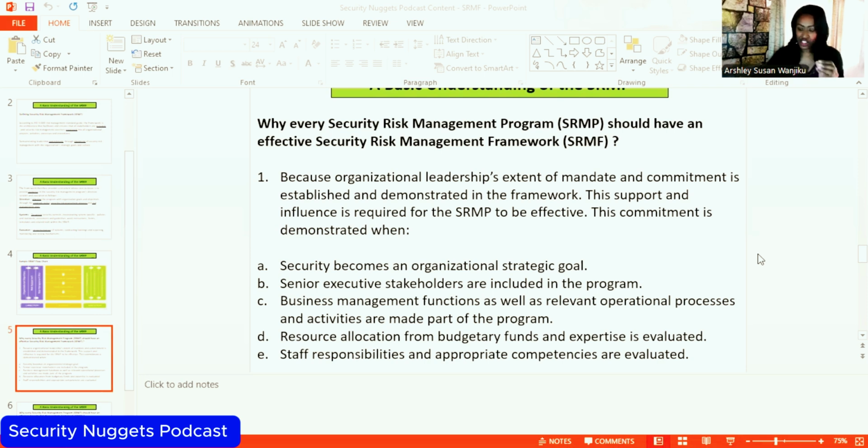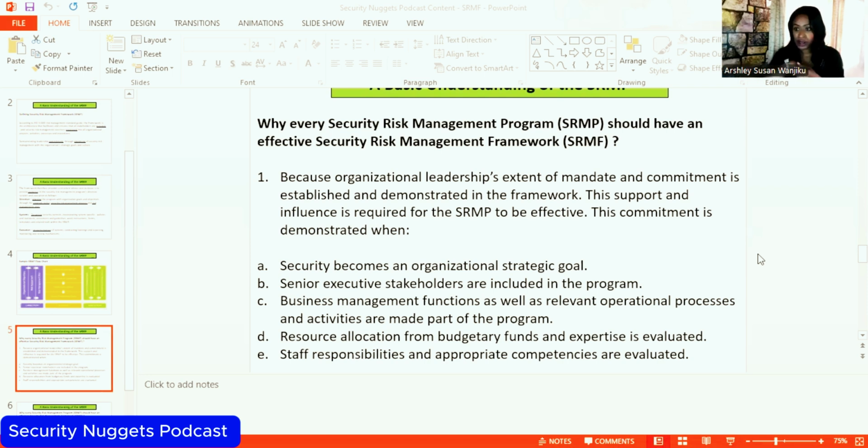But when leadership support is looped in through the framework, then you can be sure that the organization is going to set a budget aside for the security risk management program. You may not be able to implement and execute all the systems overnight in one go.